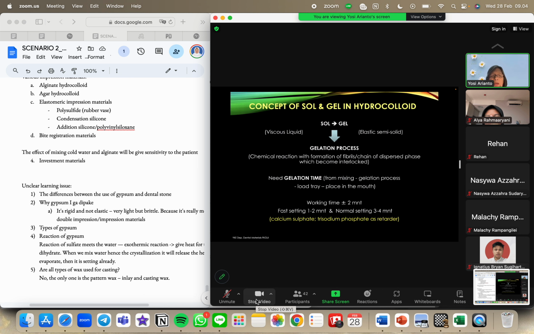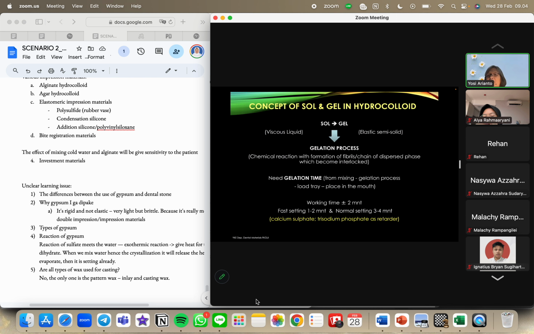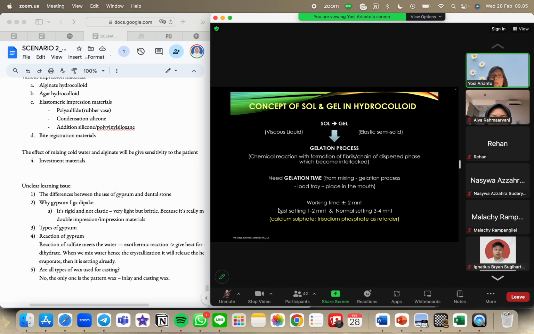With the chemical reaction, it will form a chain of dispersed phase, and it will interlock, and after that it will become a gel. So this gelation process needs gelation time from mixing until it is placed in the mold.